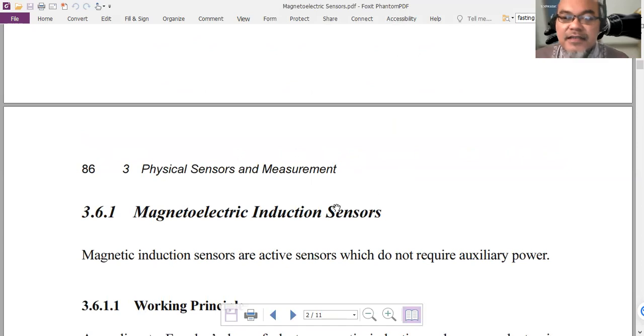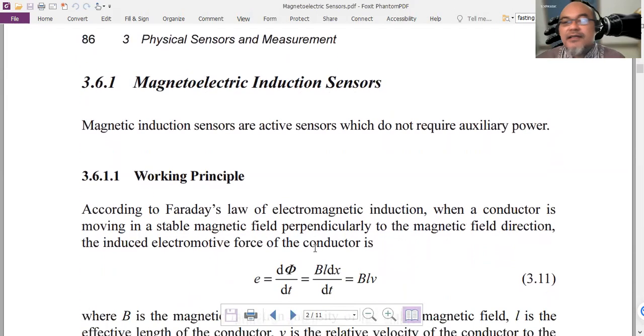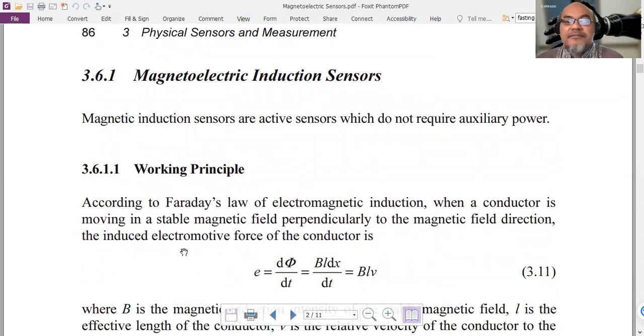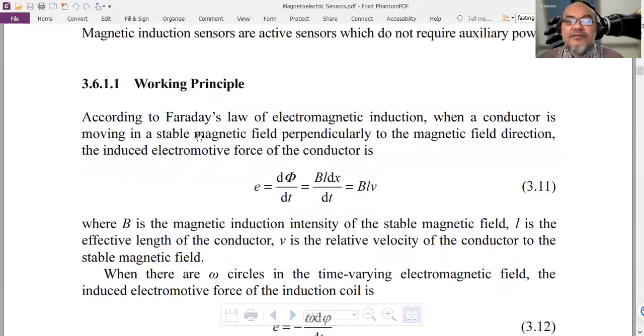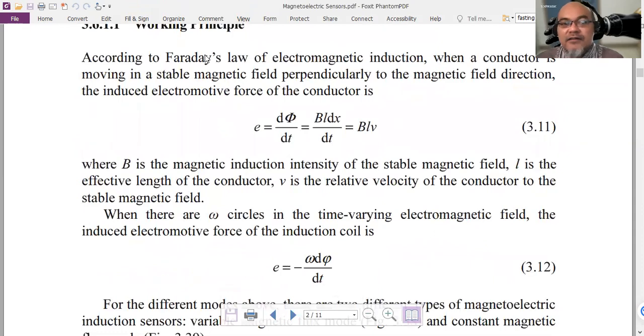Let's first discuss the first type, the magnetoelectric induction sensor. This works according to Faraday's law of electromagnetic induction.